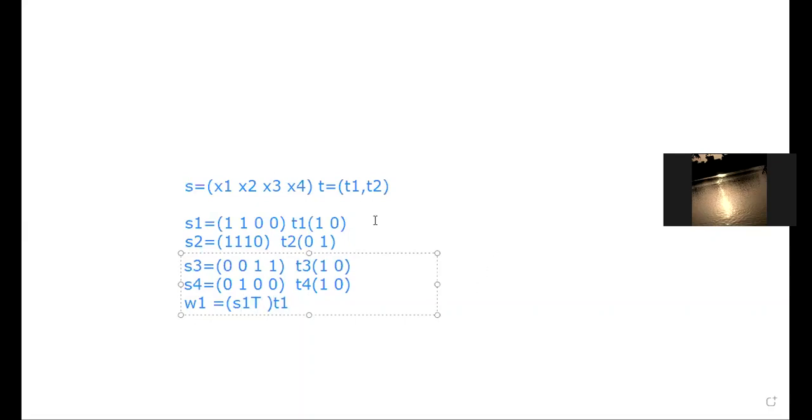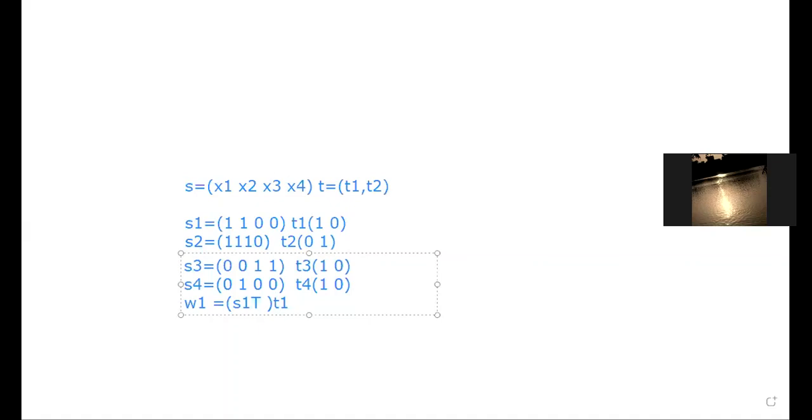So S1 matrix size is initially 1 by 4, but T1 size is 1 by 2. You cannot go with matrix multiplication. So preferably you need to go for transpose of your S1.